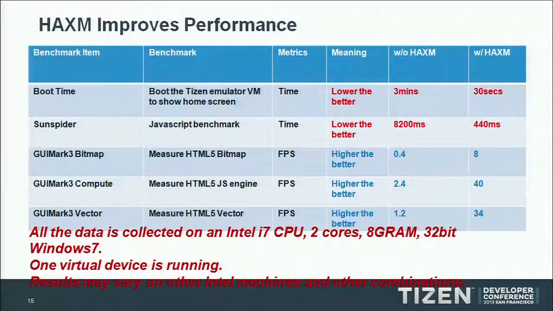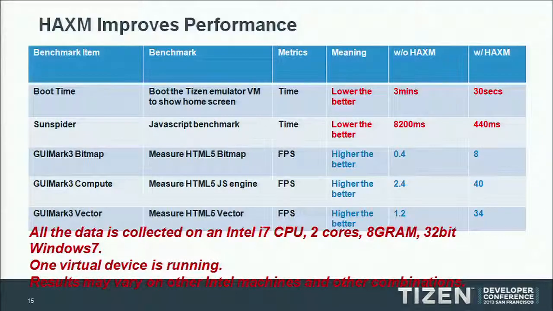I remember that when we tune the performance, only the boot time and the SunSpider are cared about by the emulator team, and for the other 3, the GUIMark 3 benchmarks, the performance data is only taken by our developer side. Here, the first one is the boot time.